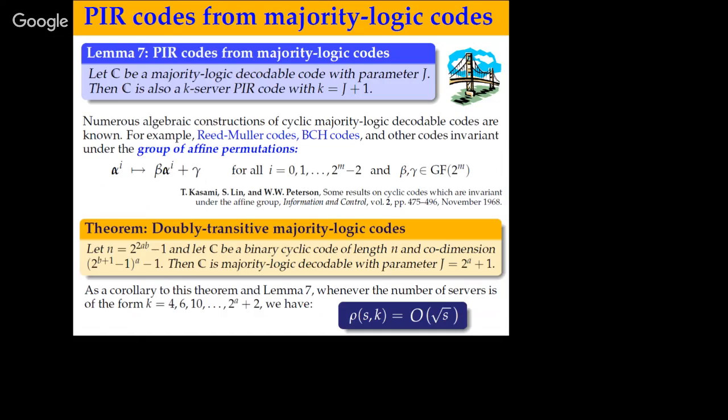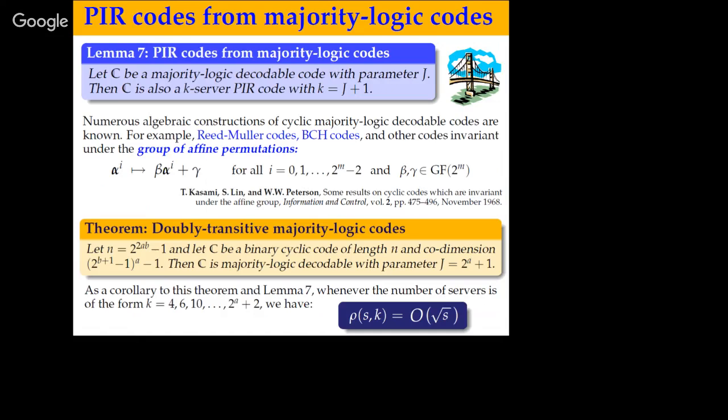So basically whenever K is of a special form, that form needs to be like this. It's one more, oh no, it's two more than a power of 2. Because J is one more, and K is J plus 1. So whenever K is 2 more than a power of 2, then I combine all of that, and I get this.